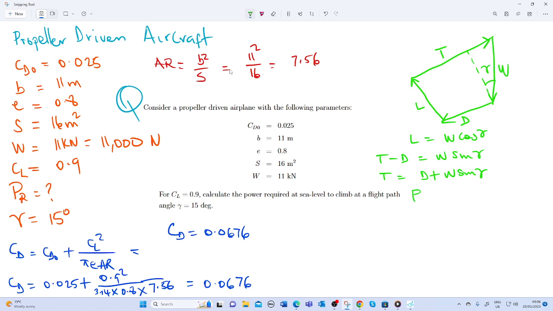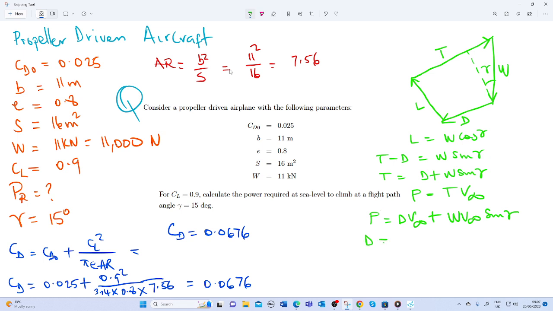So therefore our power required becomes T multiplied by the velocity. So our P will now become D times the velocity plus W V sine gamma.